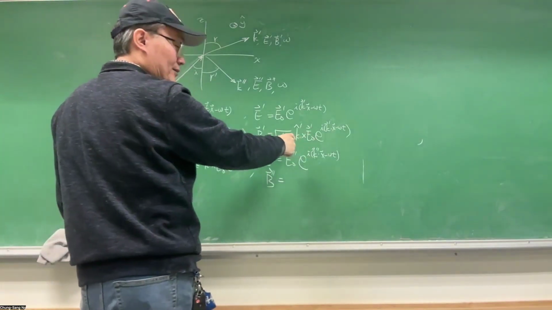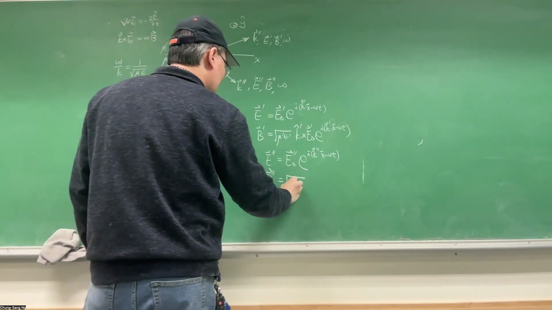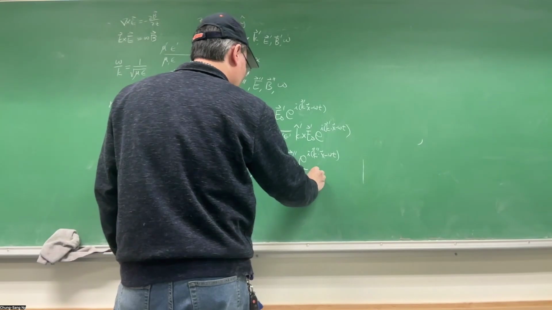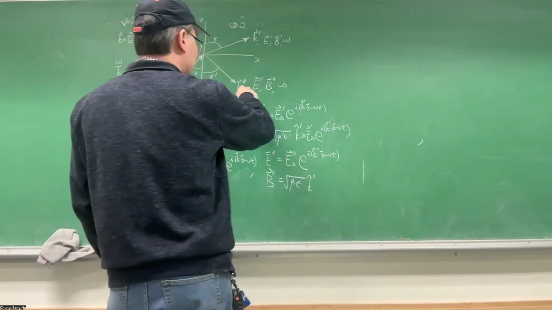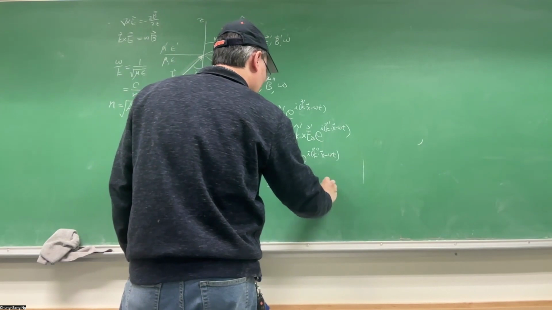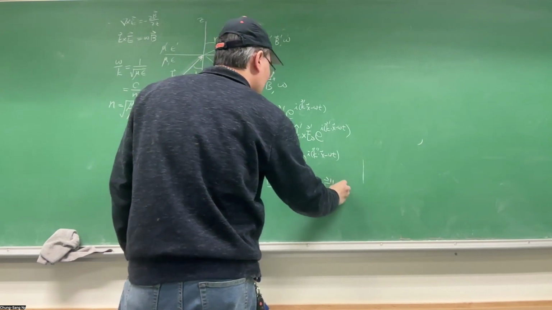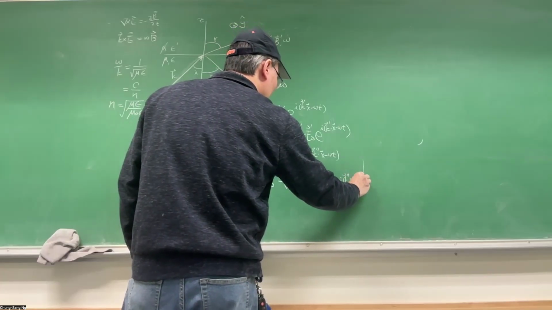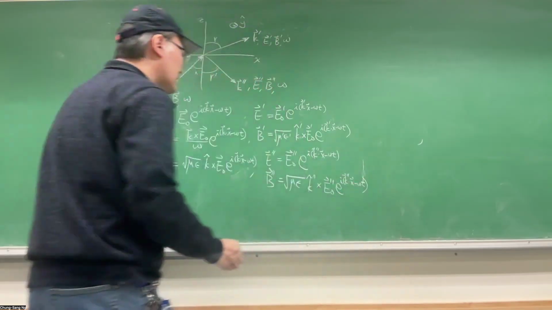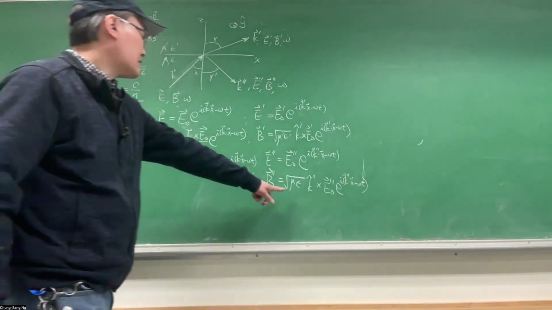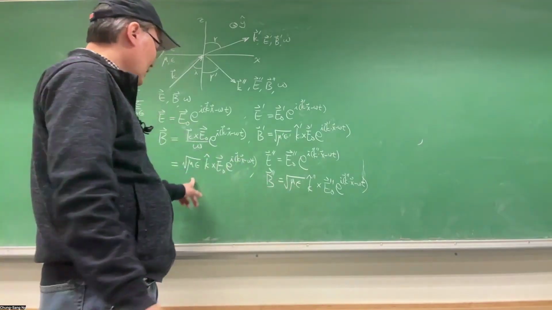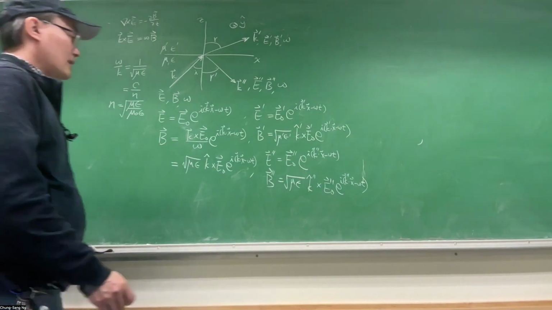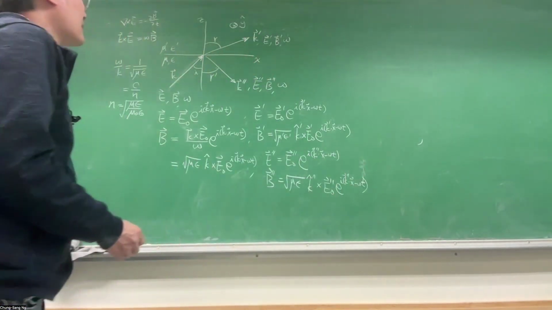Now you don't have epsilon double prime and mu double prime. It's still just the usual mu epsilon, just like here. But the unit vector is k double prime cross E0 double prime. Okay, the only difference is that this medium is the same as the incident medium, but other than that, the formula is basically the same.